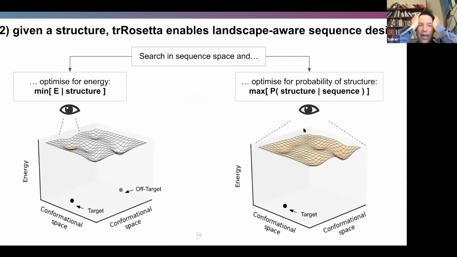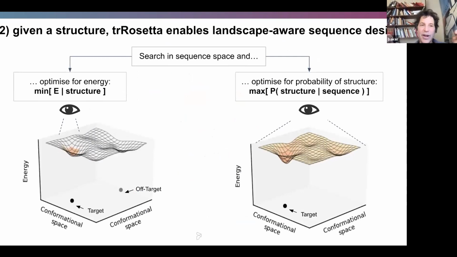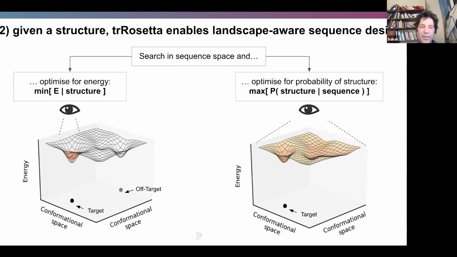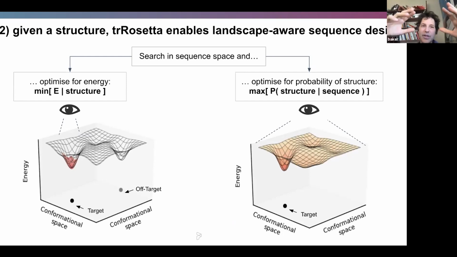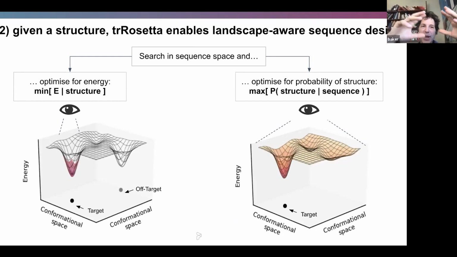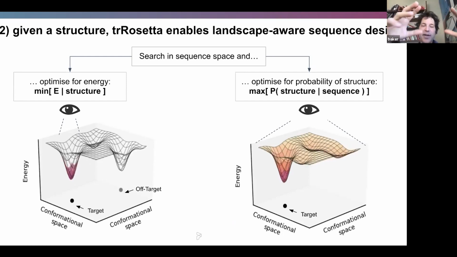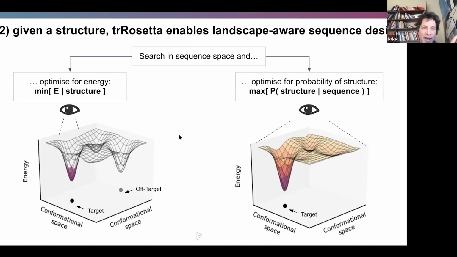One of the things that this enables addresses a shortcoming with our physically based method for protein design. When we were optimizing the sequences, we were trying to find the lowest energy sequence for a structure. So that's kind of depicted here.